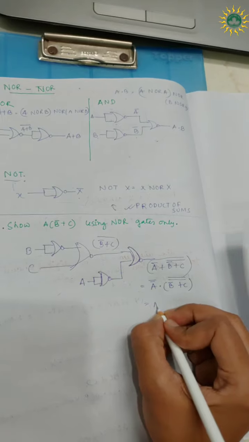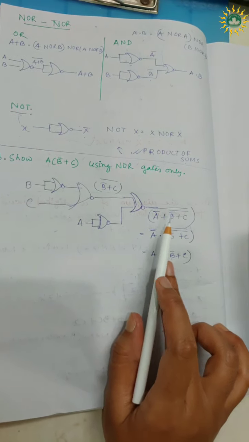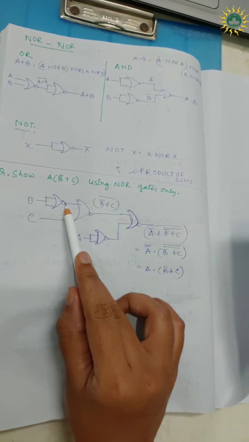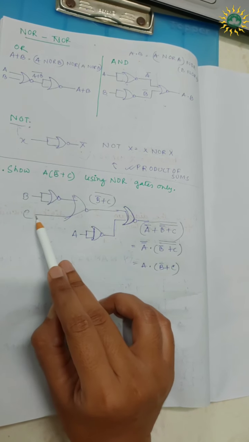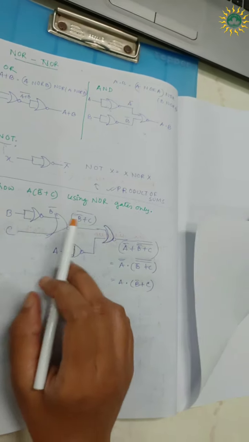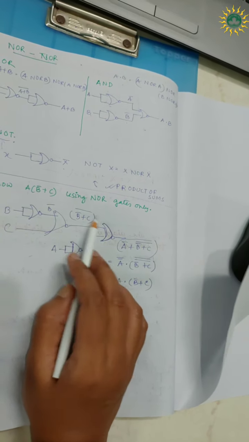That gives you A into B bar plus C. See? Did you understand? By passing B through an OR gate twice, we are getting B bar. Then passing C and B bar through an OR gate, we are getting B bar plus C whole bar.